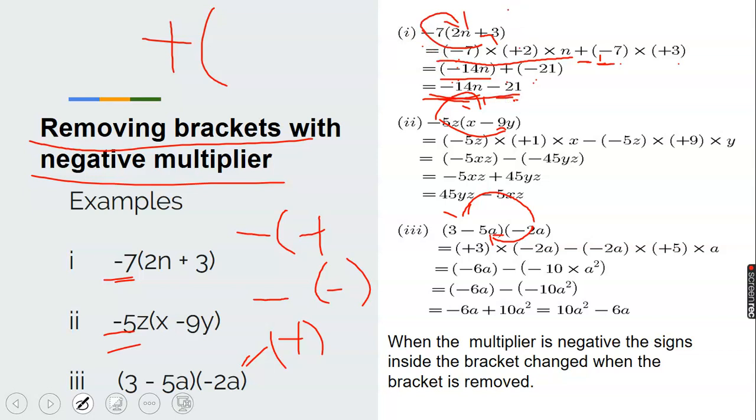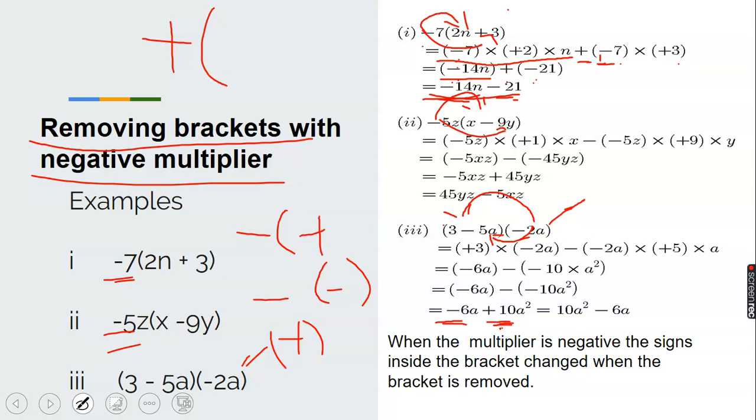Look at this one too. Minus 2a times plus 3 will be minus 6a. Minus 2a times minus 5a will be plus 10a squared. Now, you can rearrange because we want positive to start first.